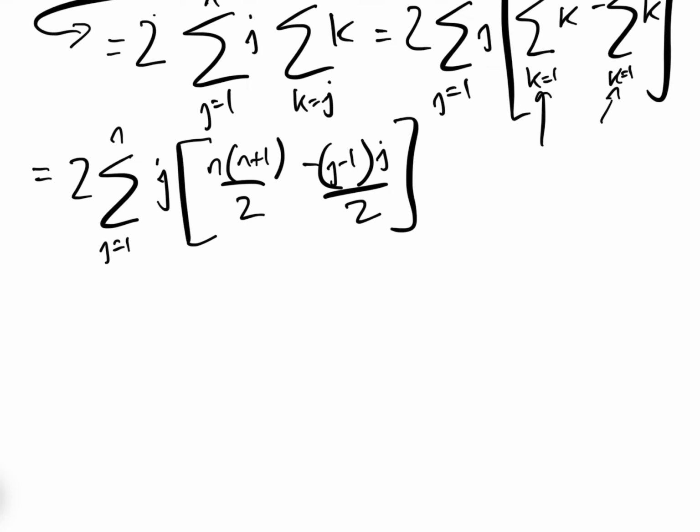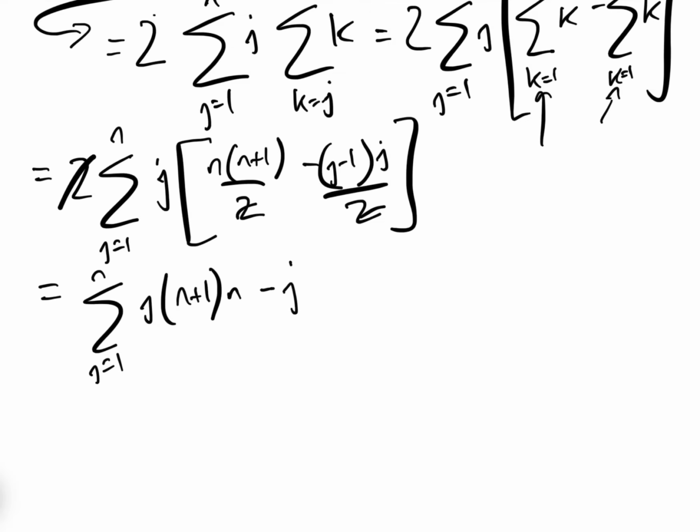Okay, and if we continue here, we can now cancel out these 2's. So that gives us the sum between j equals 1 and n of j times n plus 1 minus, and now we're going to just expand that, minus j cubed, which is j times minus j times j, add j squared.